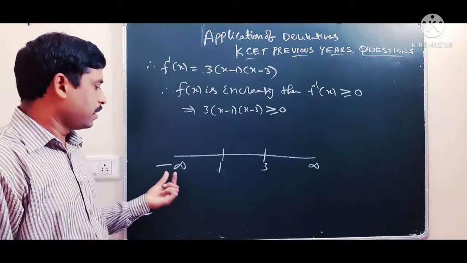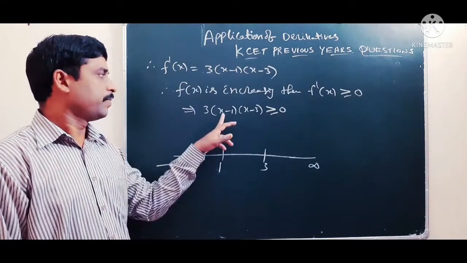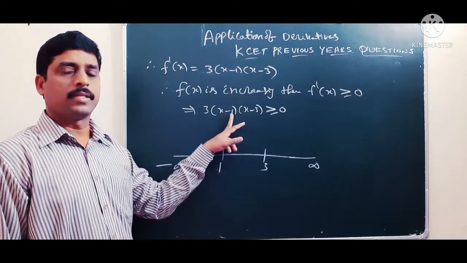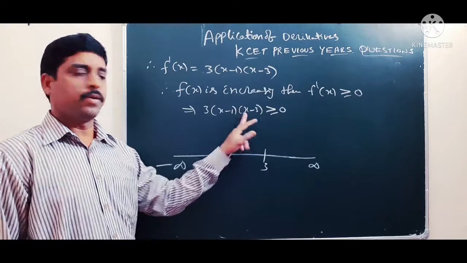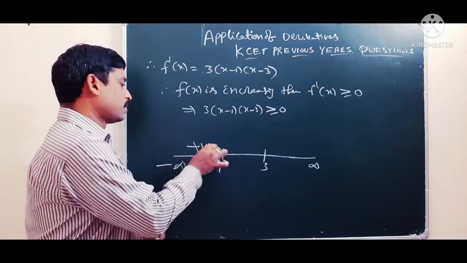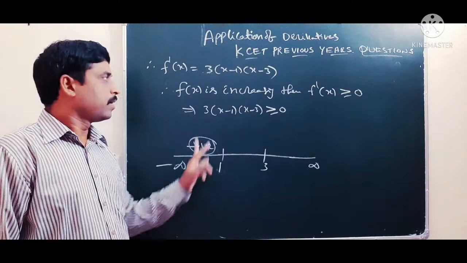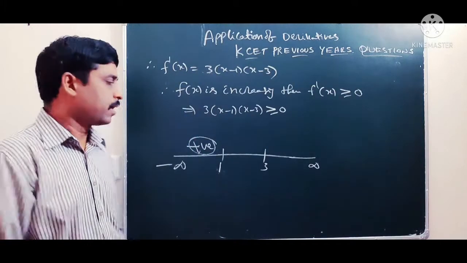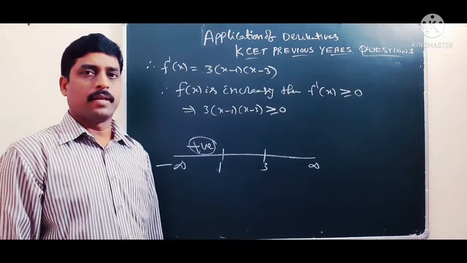So let us take any number in the interval before 1. Let us take 0. 0 minus 1 is a negative number, 0 minus 3 is a negative number. Negative into negative is positive. In the interval minus infinity to 1, f dash x value is positive. Between 1 and 3, let us take any number.